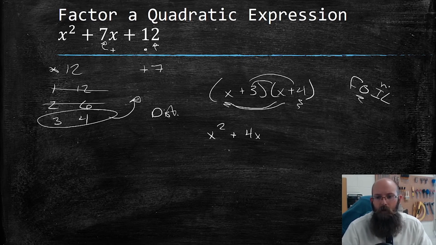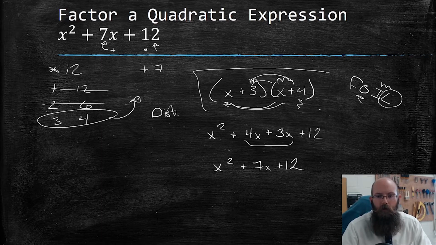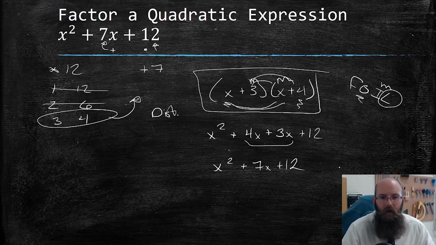Then my inner things gets me 3x, and then my last thing in each set of parentheses gets me 4 times 3 is 12. Combine your middle terms, your like terms here, and we end up back at our original. So this right here is our factored form.